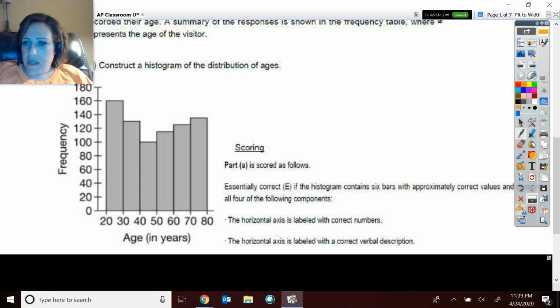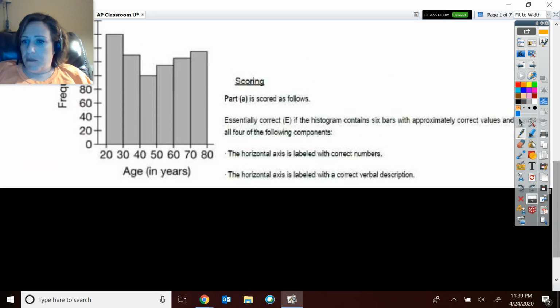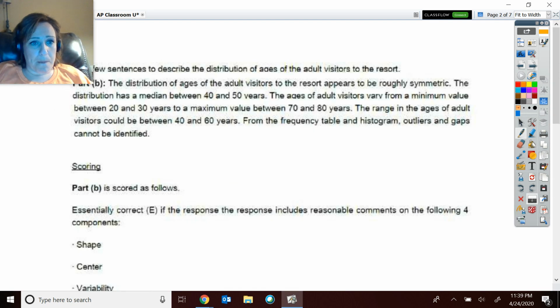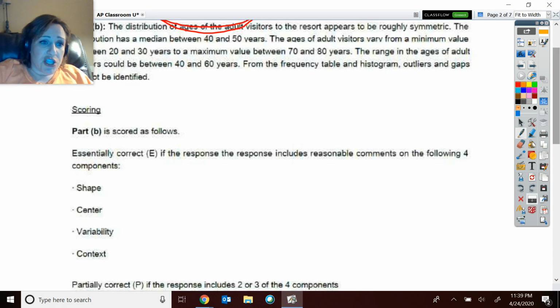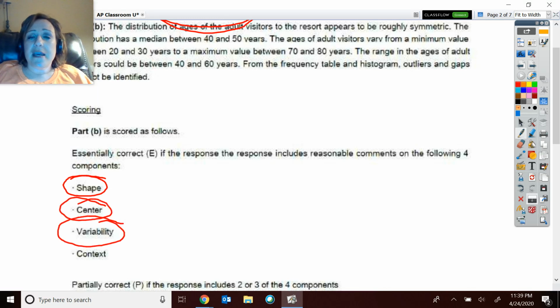All right, so now let's go on to the next part, part B. You were asked to describe the distribution. I mean, hello, people. I don't know what to tell you. Describe the distribution: shape and outliers, center and spread.